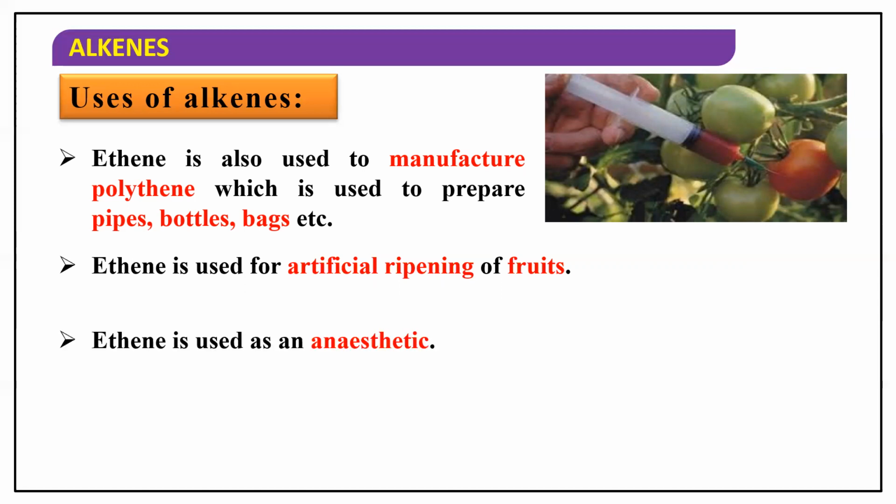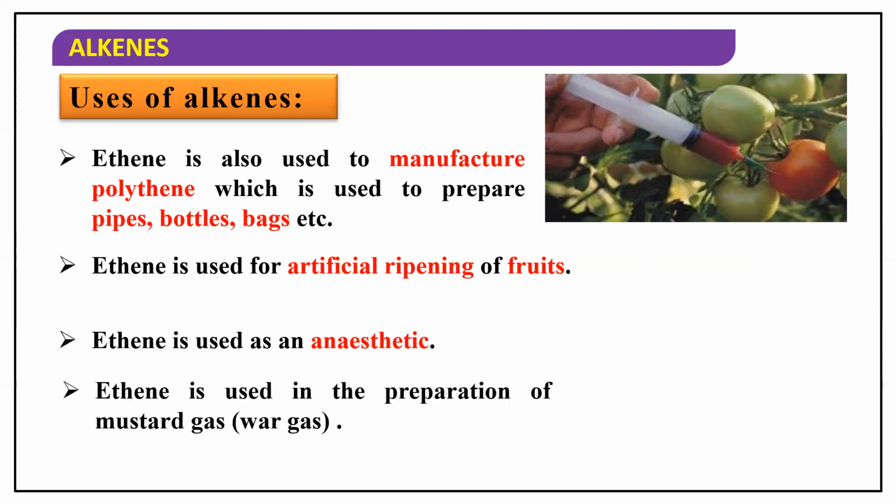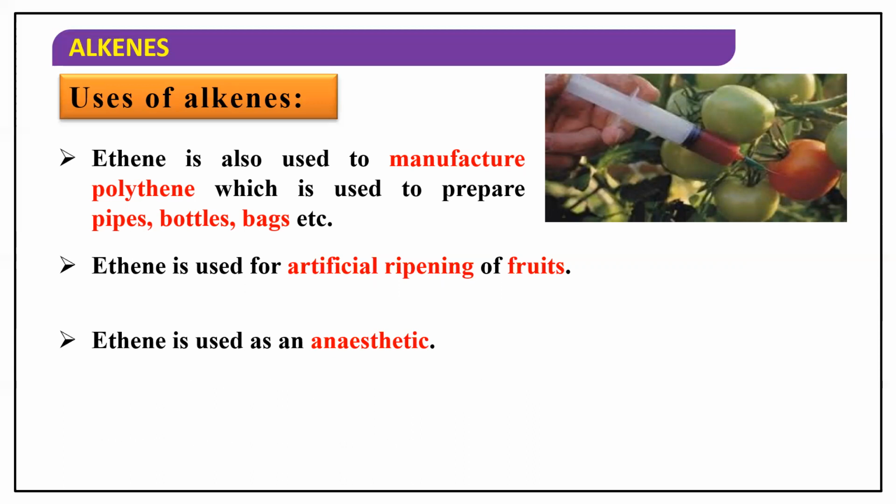Ethene is also used as an anesthetic. Now, what is an anesthetic? Anesthetic is nothing but anesthesia. Now, where is anesthesia given? You would have already come across that. Whenever you visit a dentist, your dentist will give an injection before performing some surgery or some operation to your tooth.